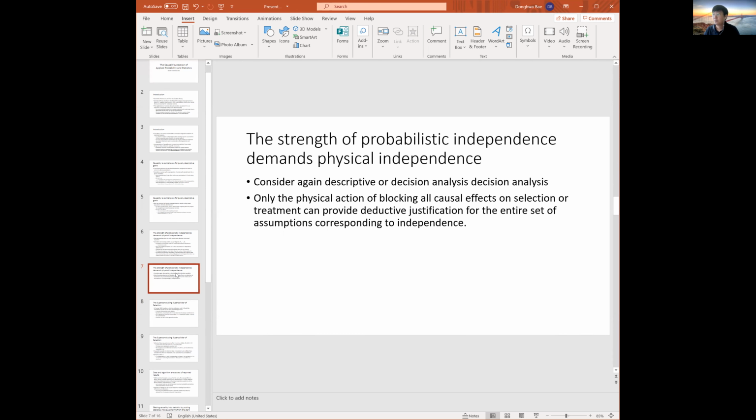Okay, so only the physical action of blocking all causal effects on selection can provide deductive justification for the entire set. This is what he wants to convey.